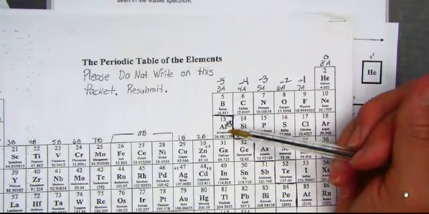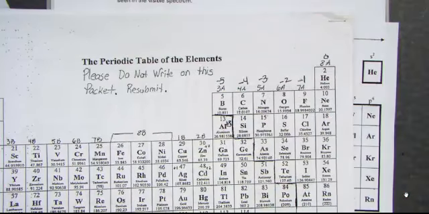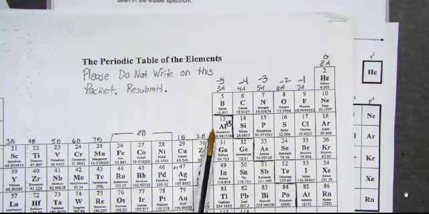Notice aluminum in group 3A, 3 valence electrons, 2 of them in the S sublevel, 1 more in the P.